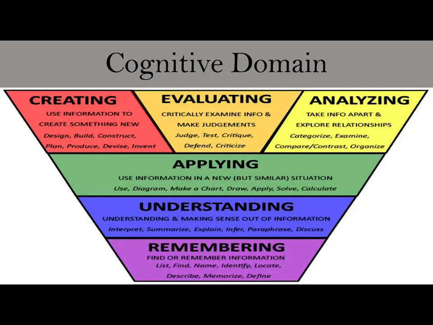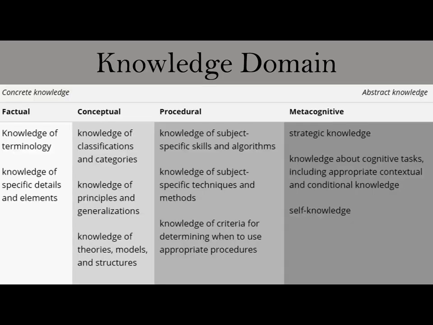So you want to keep in mind where we're at on this taxonomy, on this hierarchy. And then you also want to keep in mind what type of knowledge it is that you're after, and is your objective lining up with that, right?